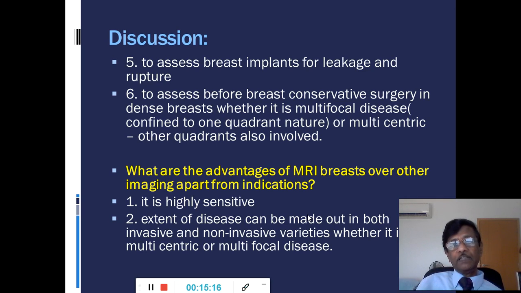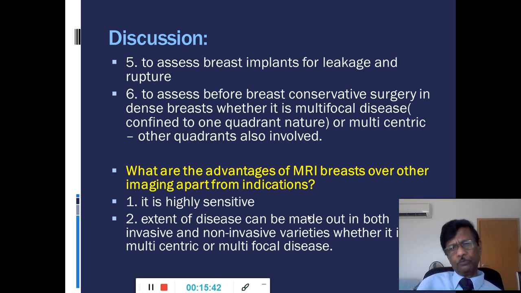What are the advantages of an MRI breast over other imaging, apart from the indications? It is highly sensitive. See, the indications we have told: young people, dense breast, and high risk young people. But the thing is, it is highly sensitive compared with the other investigative modalities, even compared with the mammogram or the ultrasonogram.